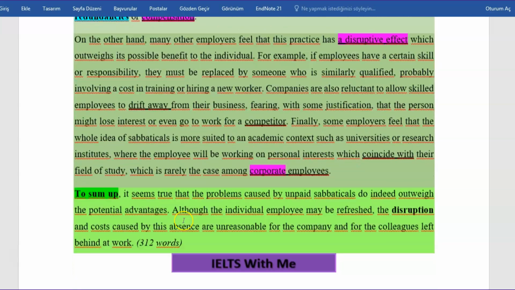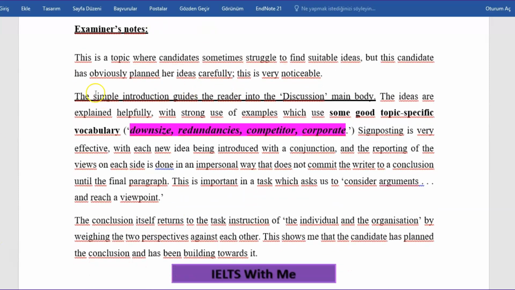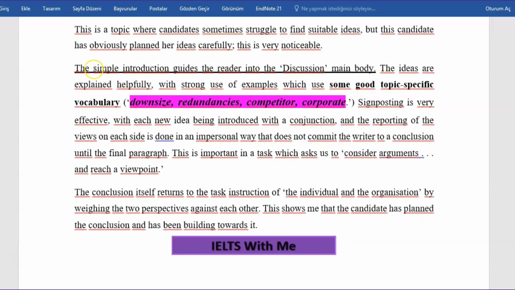Okay, let's take a look at the examiner's note. Simple introduction guides the reader into the discussion in the main body. There is topic-specific vocabulary such as downsize, redundancies, competitor, corporate, right?